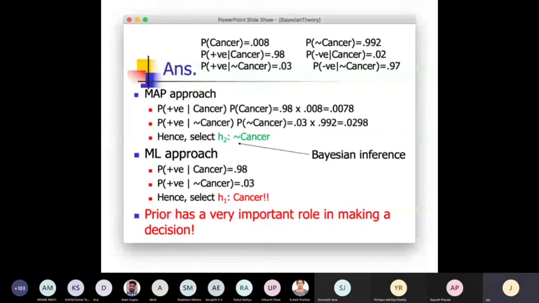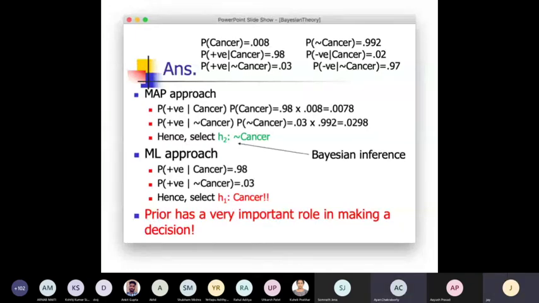I will go randomly and ask. Kuheli, I think Kuheli is here. Am I audible? Who is speaking, please? Ayon, sir. Yes, Ayon, tell me, which one do you compute? Are you computing the posterior here in the MAP approach? What have we computed here? We are not considering the denominator part.